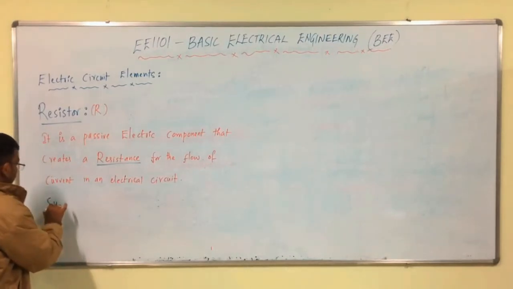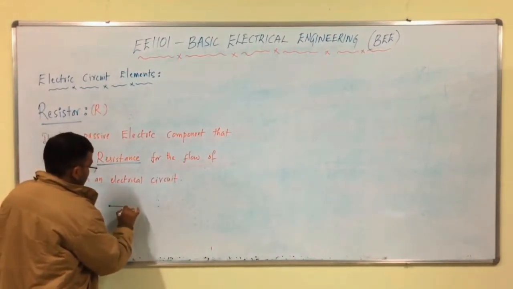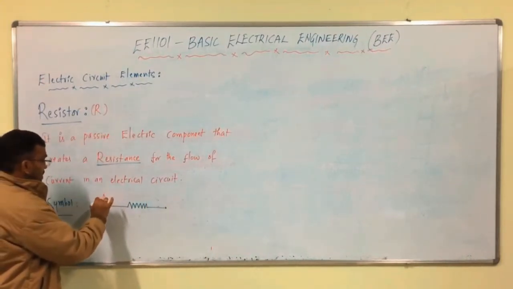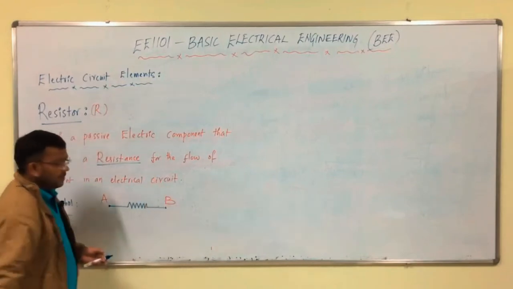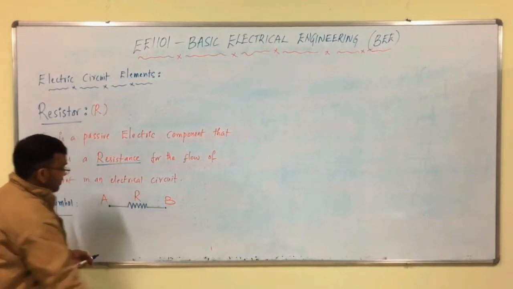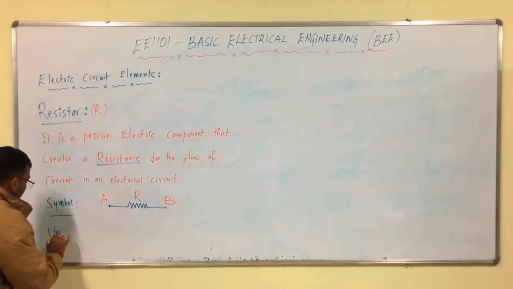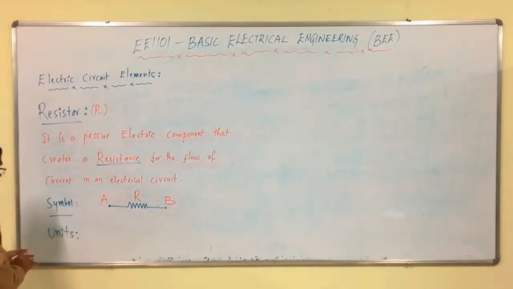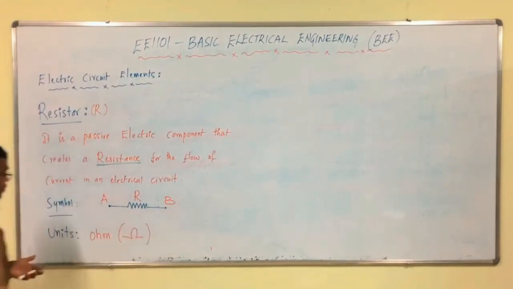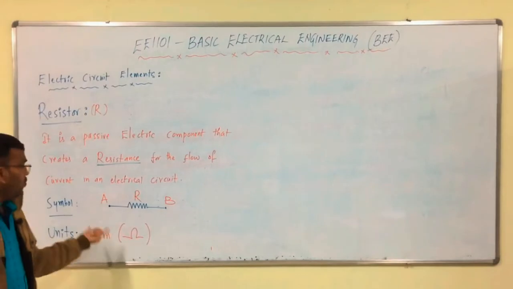The symbol: for example, this is terminal A, this is another terminal B. This part is the resistor, which has a resistance of R. Then the units: ohm, the symbol is like this, ohm. The unit of resistance is the ohm.